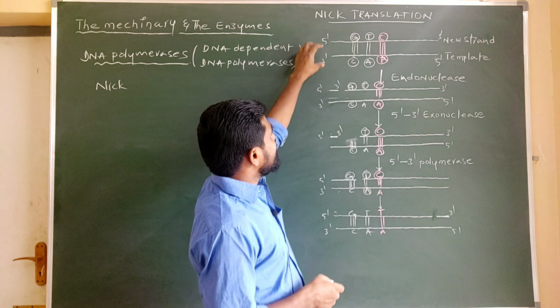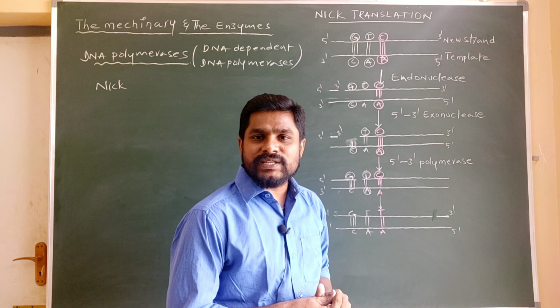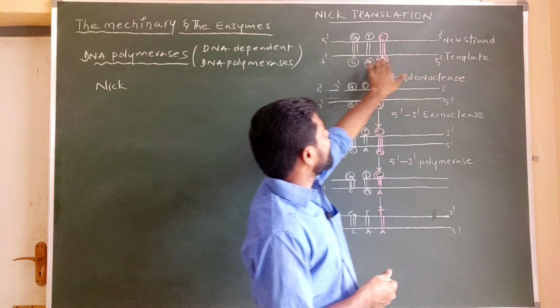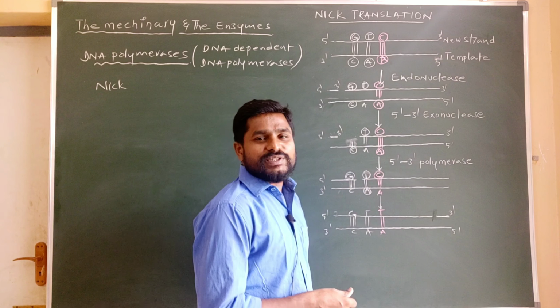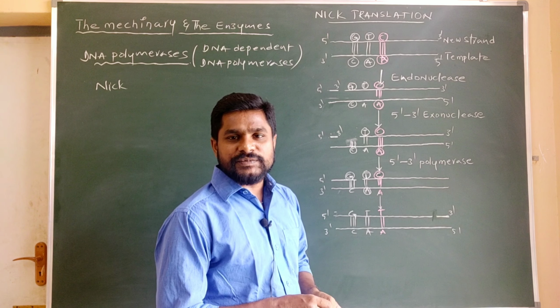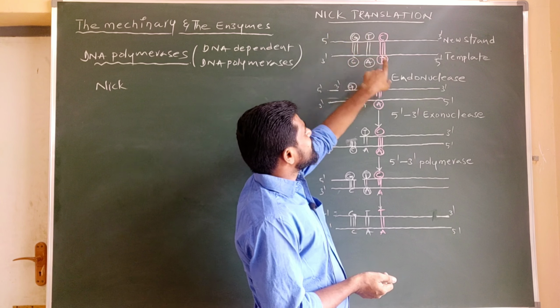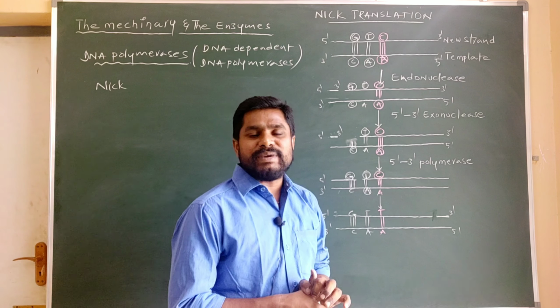Here if you observe, this is a double stranded DNA molecule where the replication process is completed. This is the template strand of DNA, and this is the newly synthesized strand of this double-stranded DNA molecule. If you observe, this double-stranded DNA molecule has a mismatch base pair, that is an AC base pair.